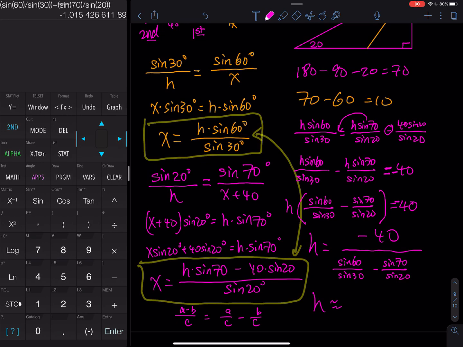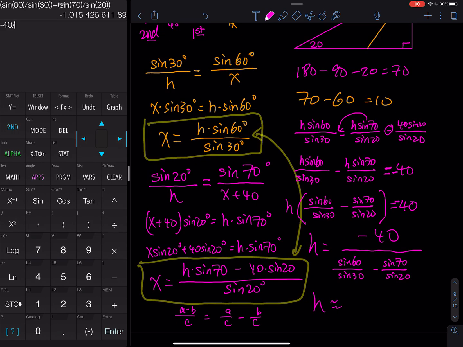I am going to take negative 40 divided by this answer. But how do you divide it by this answer? To do so, do you see that there is a word ANS right above the negative sign? The negative sign is between the decimal key and the enter key. So we are going to type divide that answer.